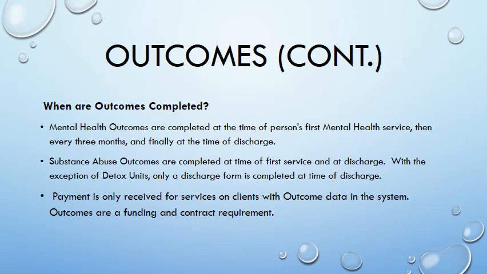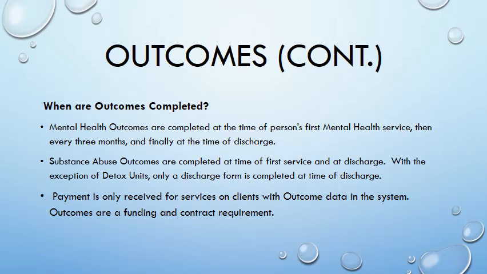The timing for the completion of the outcomes data differs whether the person is receiving mental health or substance use services. For individuals receiving mental health services, outcomes are to be completed at admission, every 3 months, and at discharge. For individuals who are receiving substance use services, outcomes are only completed at admission and discharge.